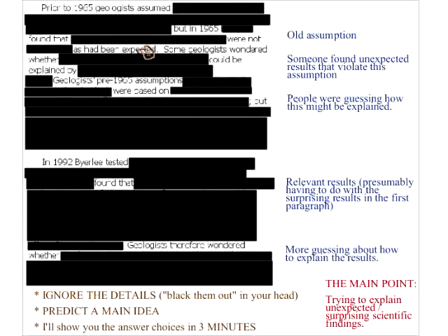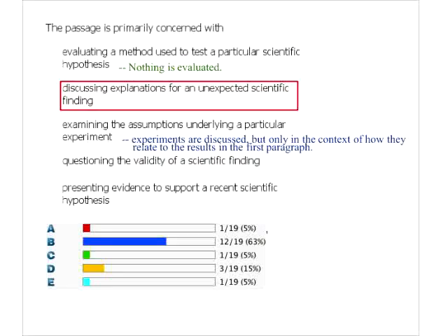But the validity of that is never questioned. Like, these words would mean that they actually said these findings might be wrong. So, absolutely not. The passage treats the findings as fact and seeks to explain them.